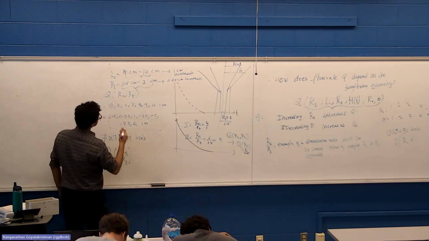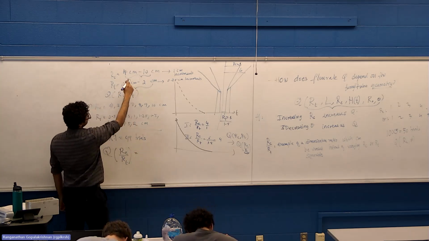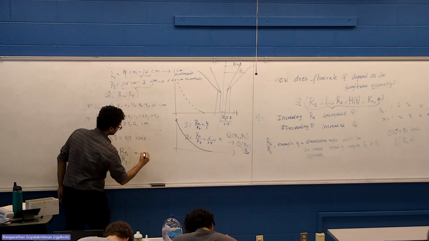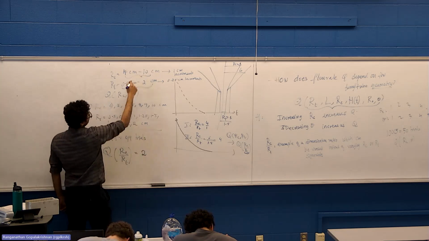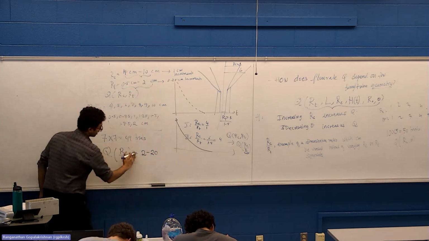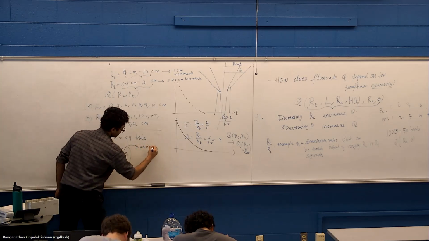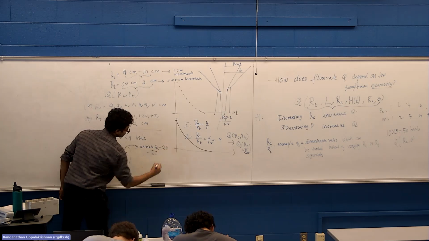And that ratio, according to this, can vary from what? It can vary from 4/2, that is 2, to 10/0.5, that is 20. That is, the ratio RC/RT varies between 2 and 20.